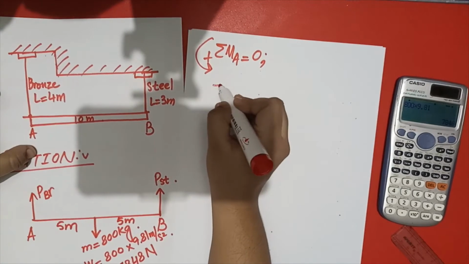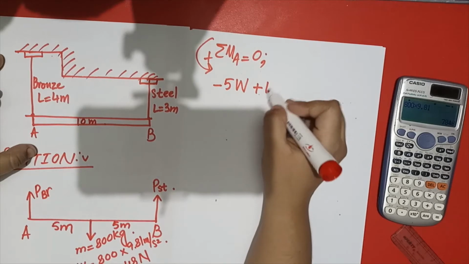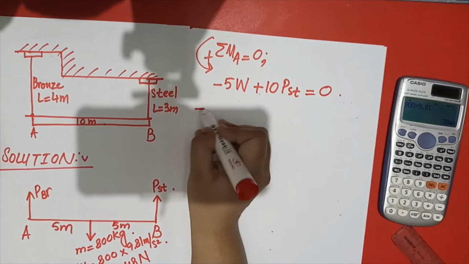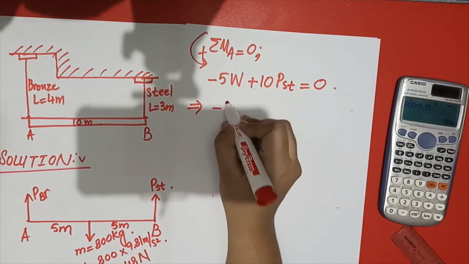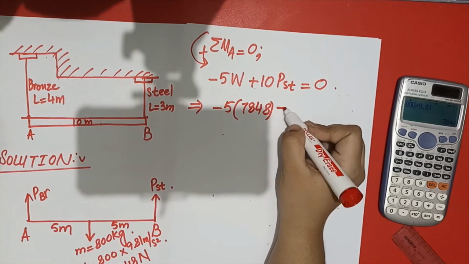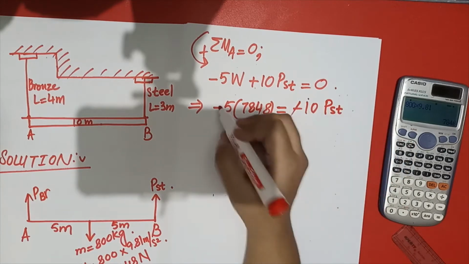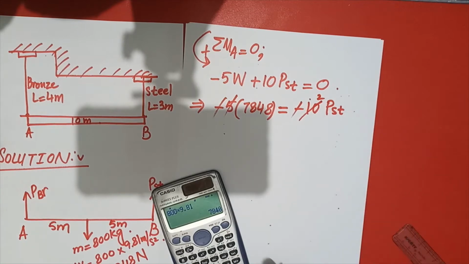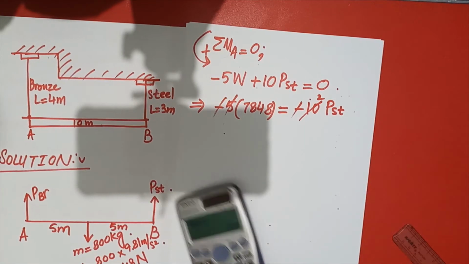So minus 5W plus 10 P_ST equals 0. P_BR becomes 0 because we are summing moments at A. So minus 5 times 7848 equals minus 10 P_ST. The minus signs cancel, and 7848 divided by 2 comes out to be 3924.